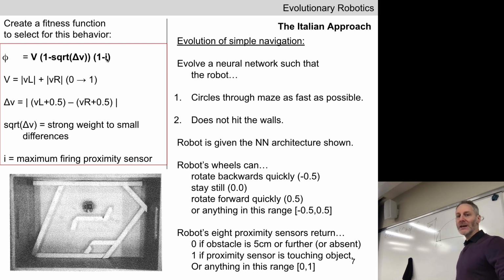So generally speaking, we're trying to minimize the values of the proximity sensors, stay away from the walls, and go really fast, and make sure your wheels turn at as similar values as possible. Multiply all those three together.